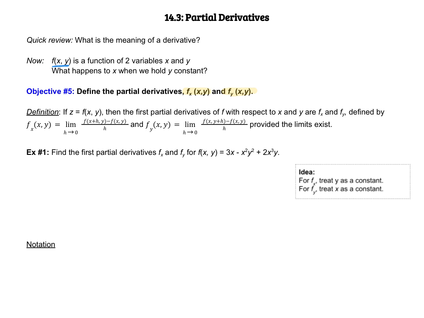So example 1, find the first partial derivatives, fx and fy, for that given function. So here's the idea. If I'm finding fx(x,y), I'm going to hold y constant, or I'm going to treat it like a constant.